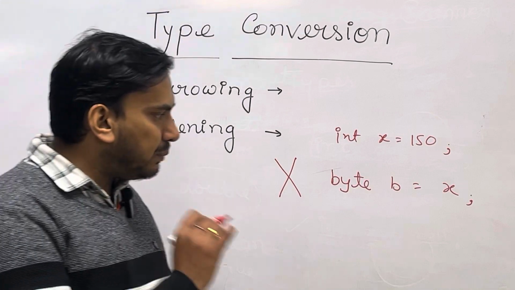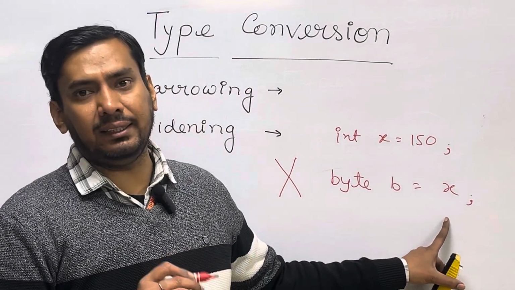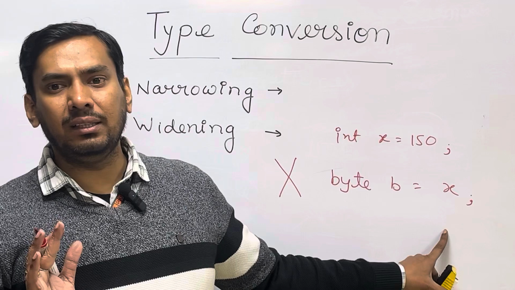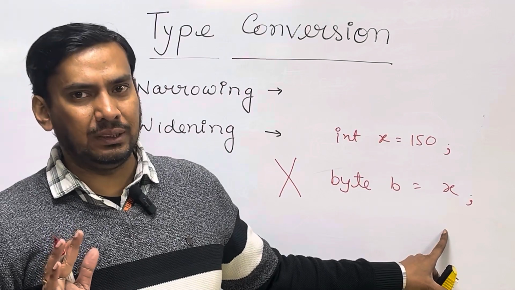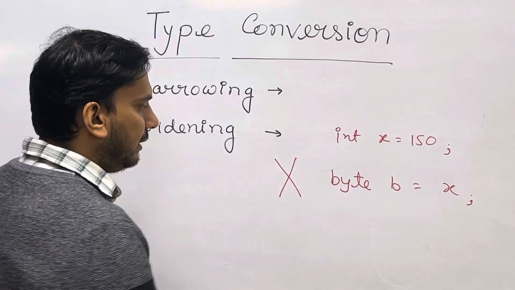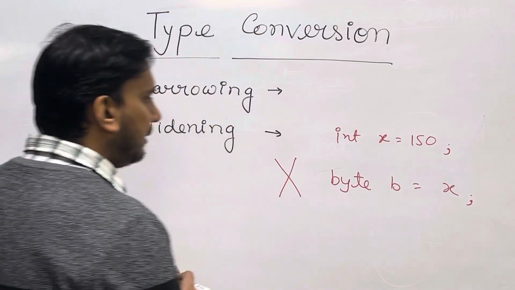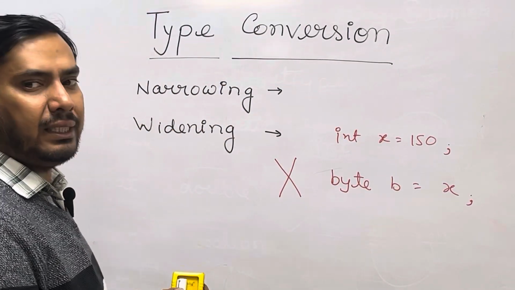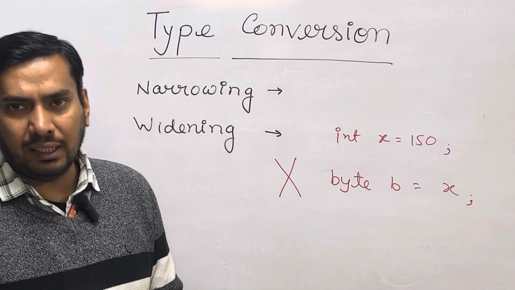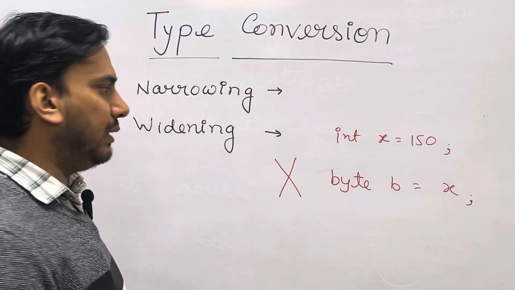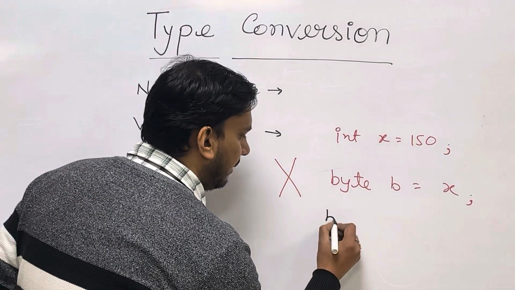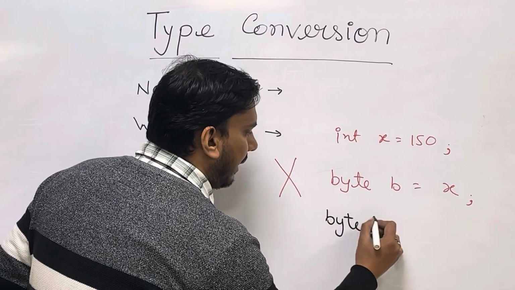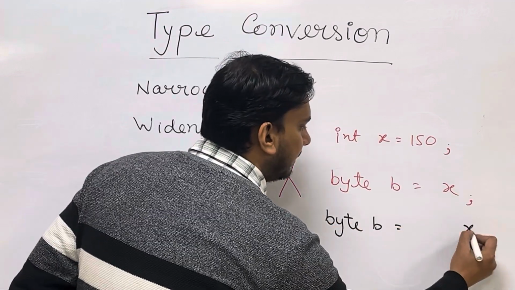We have to explicitly give the consent that okay, I am ready for the possible loss of precision. So how will you implement this narrowing? For narrowing, you have to mention the type in which you want to convert in parentheses before the value, something like this: byte b is equal to, and then x.